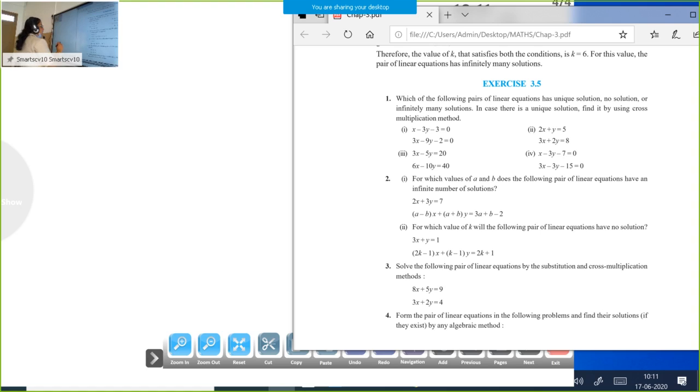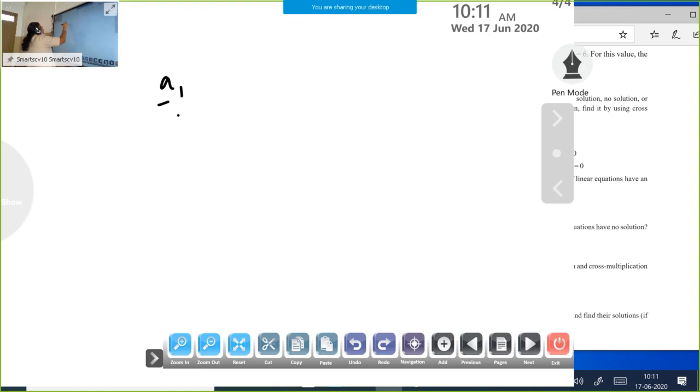The linear equation has no solution, then a1 by a2 is equal to b1 by b2 not equal to c1 by c2.